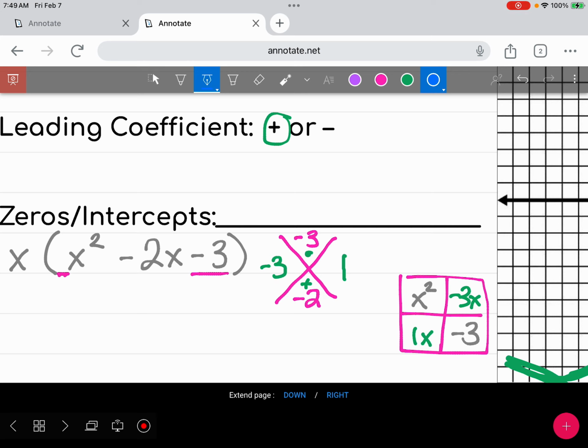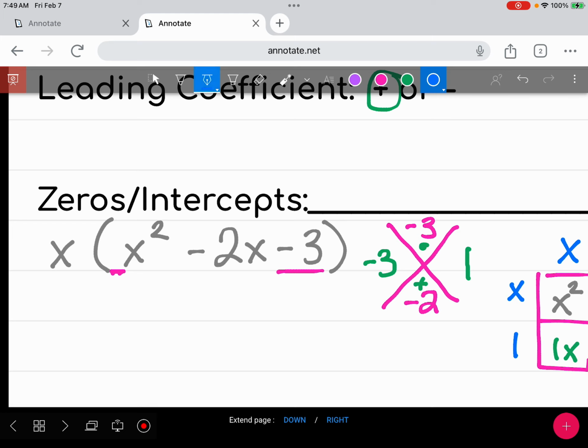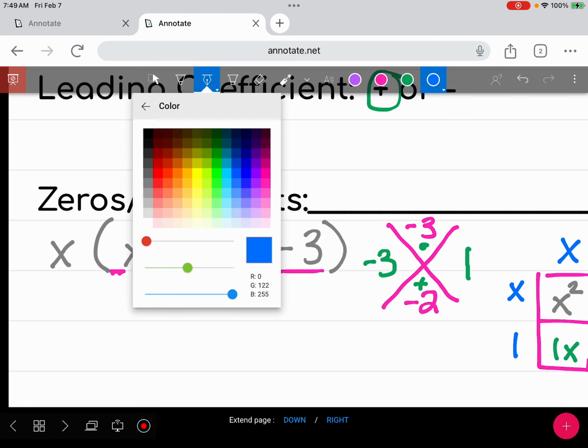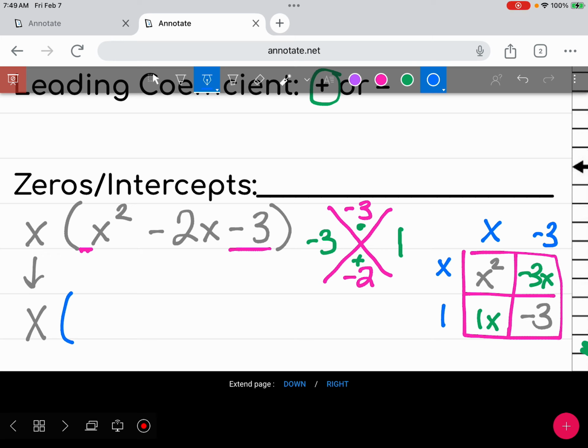So when we pull our factors, we're going to have our x -3 and an x +1. So our factored form of this polynomial, we have our x, and then those two factors from the box with our x -3 and our x +1.